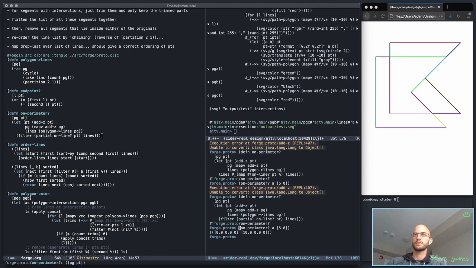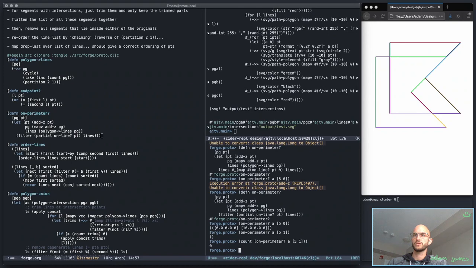But if this is not on there at all, okay. Count 0. Okay, so when the count of that is greater than 0, it's true. Yeah. When count of this whole thing is greater than 0.